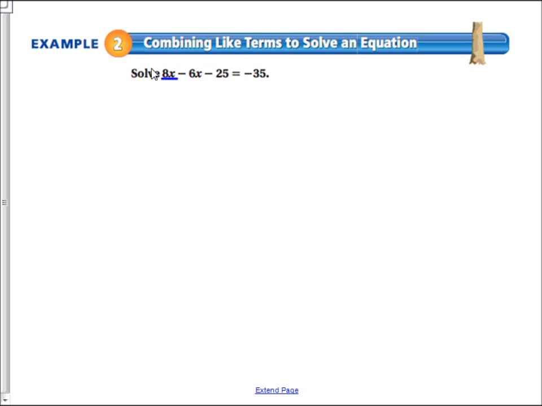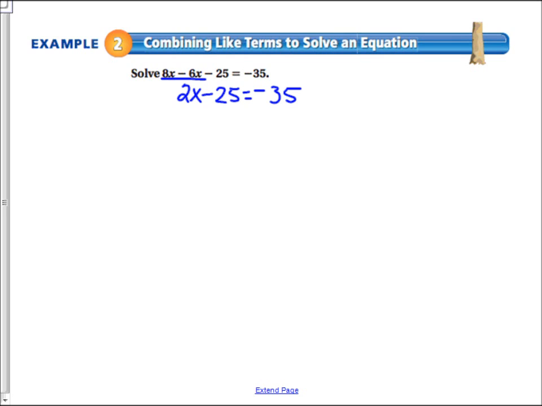I have 8 x's and I'm taking away 6 x's. So if I do that, I will end up with only 2 x's. If I copy the rest of the information down, I have now simplified my equation, so it'll be much easier to solve.